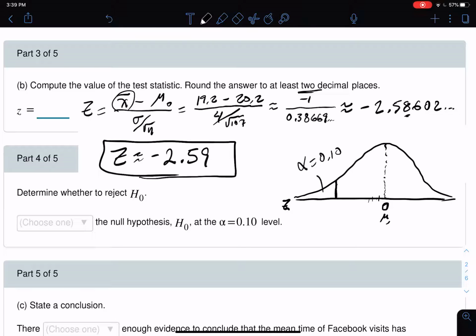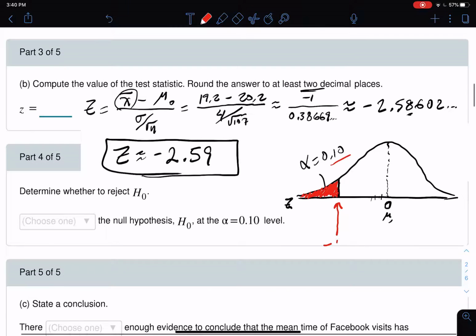Now what this means is, when I place my test statistic, and by the way, the critical value, remember we used 0.10 to find the critical value. It's basically telling us this is our cutoff point. Our critical value here was negative 1.282.